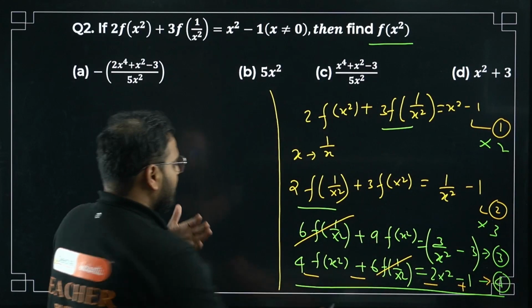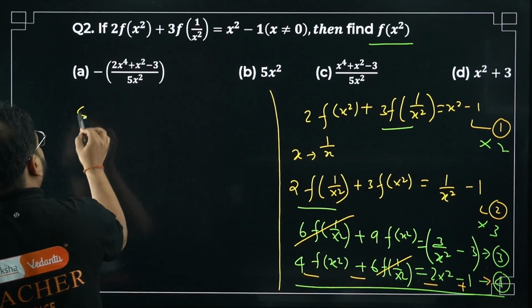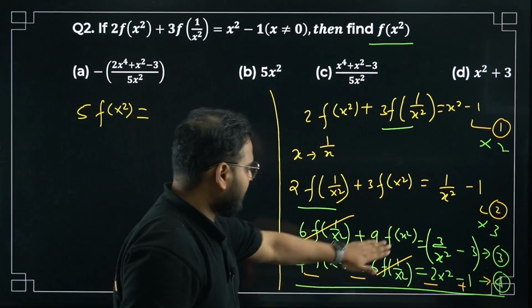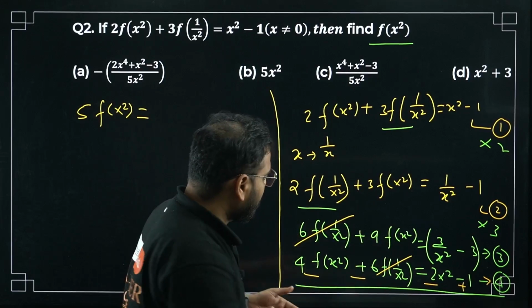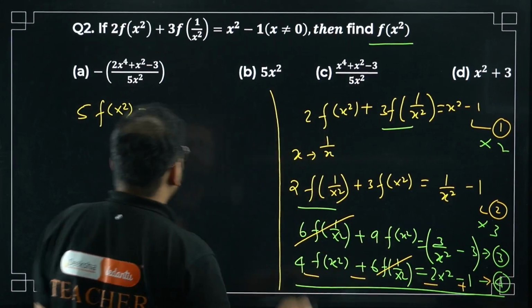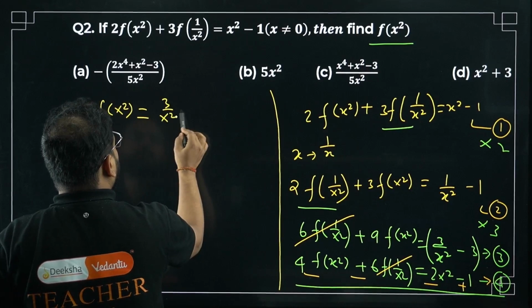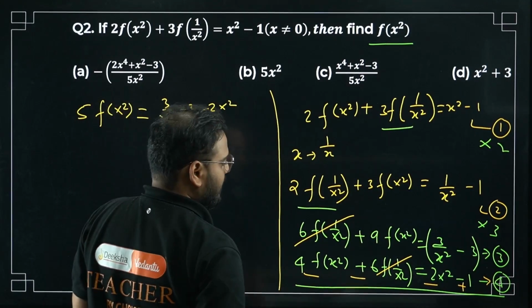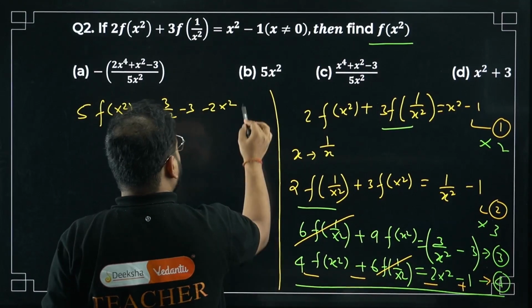What I'm getting now, 9 minus 4, so 5 f of x square on the LHS side. 9 minus 4 is 5. Okay, what else I have? I have here 3 upon x square minus 3, 3 upon x square minus 3, and here minus 2x square, and I have plus 1.